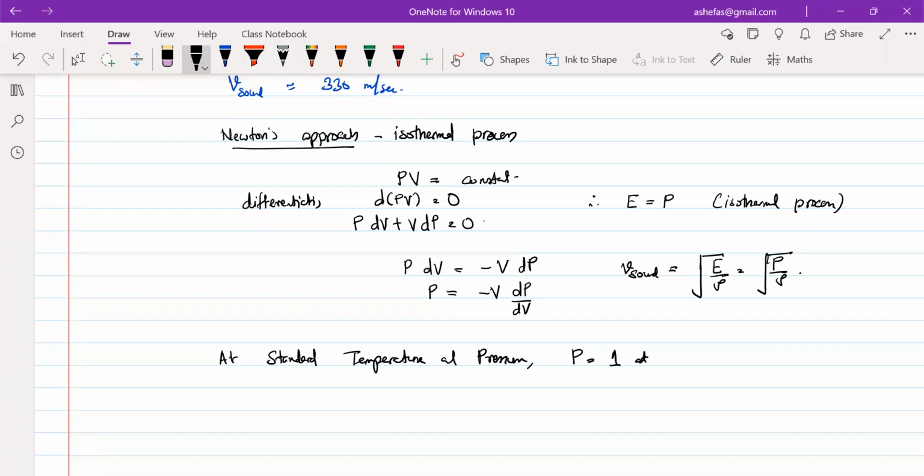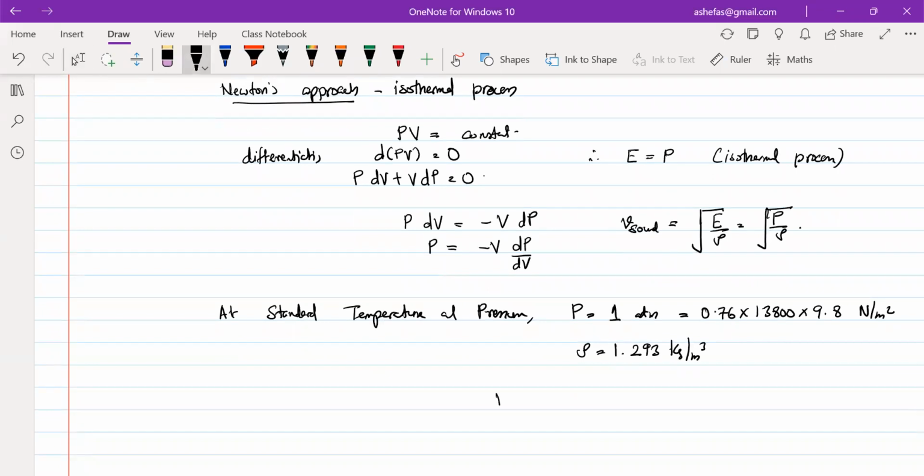Pressure is 1 atmosphere, which is equal to 0.76 times 13600 times 9.8 Newton per meter square, and the density of gas is 1.293 kilogram per meter cube. If you substitute this value, then the velocity of sound, square root of P by rho, will be approximately equal to 280 meter per second.